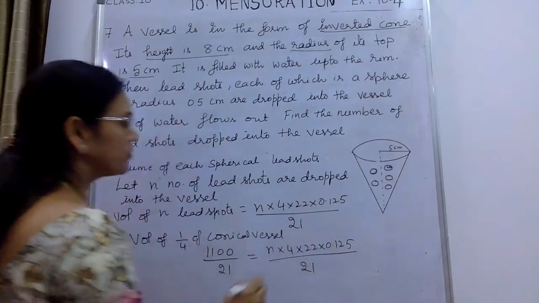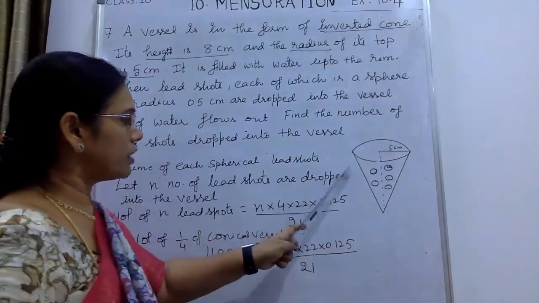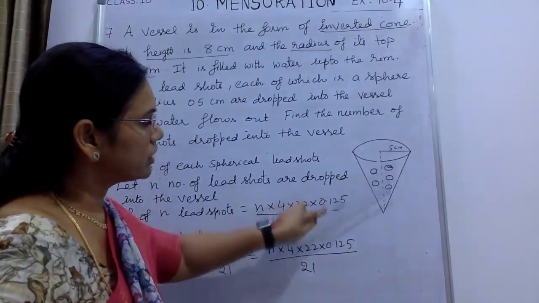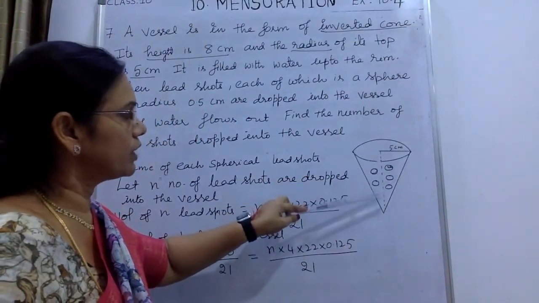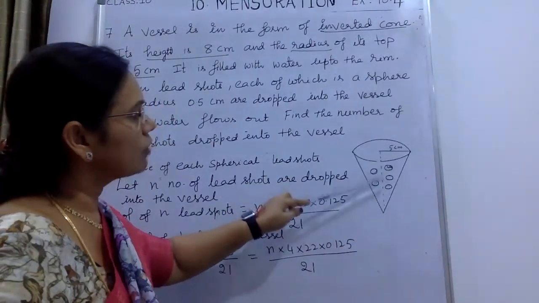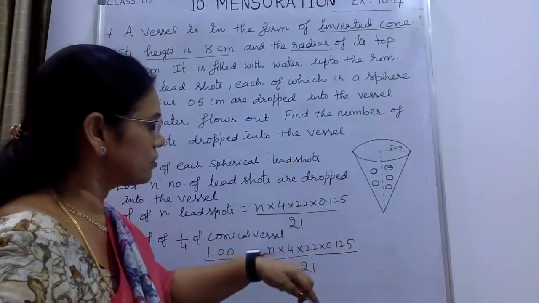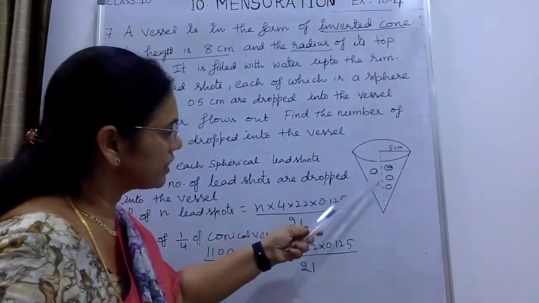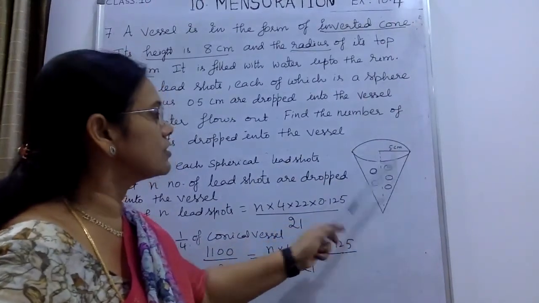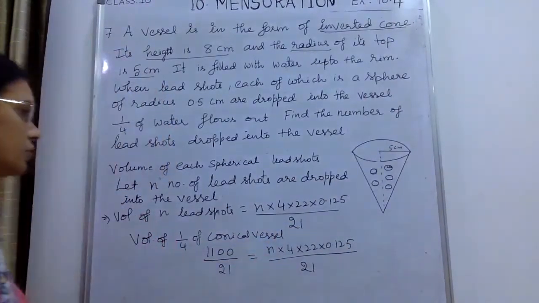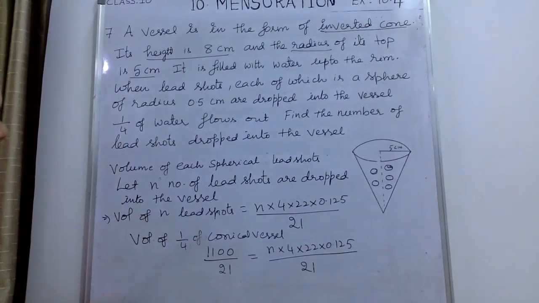Why? Because when n number of lead shards are dropped inside the conical vessel, 1/4 of the water came out. So the volume of n spherical balls is equal to the volume of 1/4 of the water. So we are equating these two.